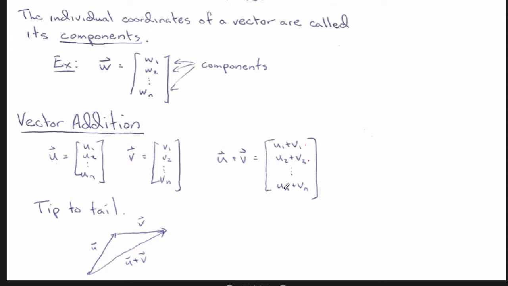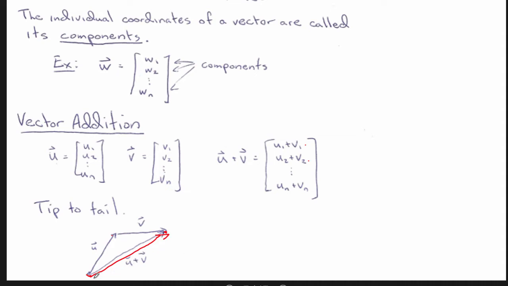Visually, you're going tip to tail: you go all the way up to u, you go over with v, and then you create a new vector from your starting point to your final ending point, and that is u plus v.